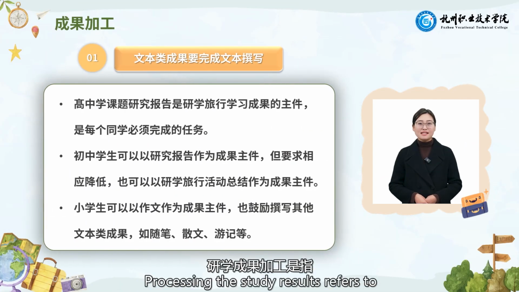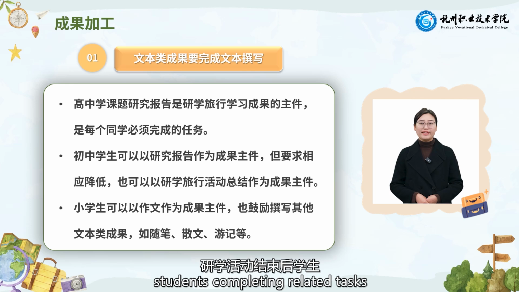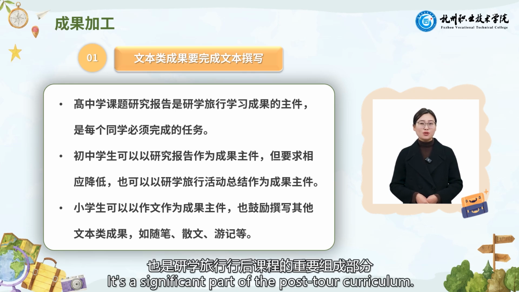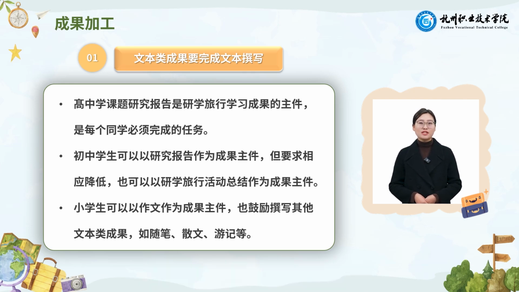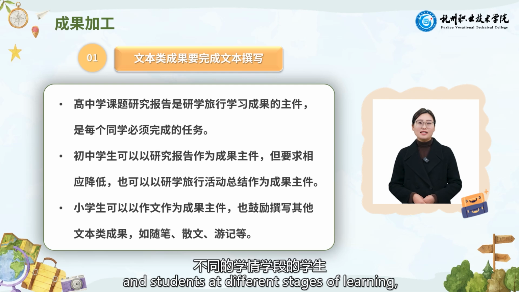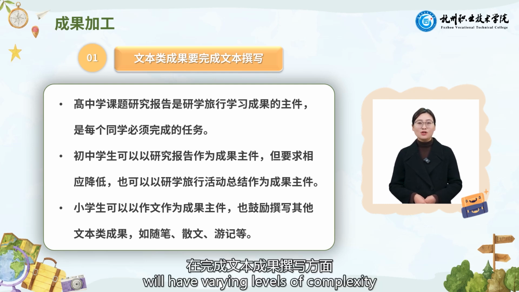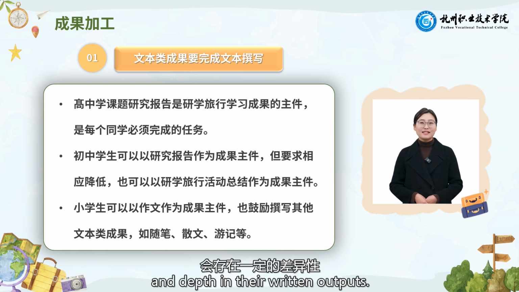Processing the study results refers to students completing related tasks within a set time frame after the tour. It's a significant part of the post-tour curriculum. Different age groups and students at different stages of learning will have varying levels of complexity and depth in their written outputs.